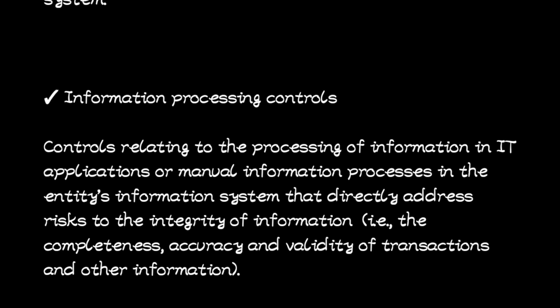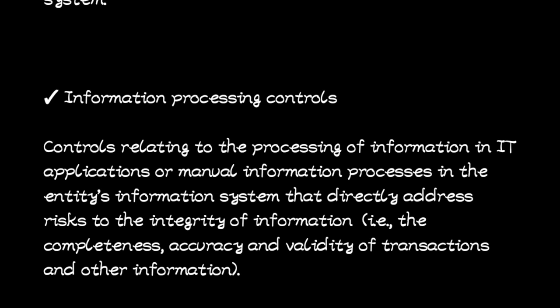So information processing controls are related to the processing of information in IT applications or manual information processes in the entity's information system. And these directly address the risk of integrity of information. They make sure that actual information is processed.